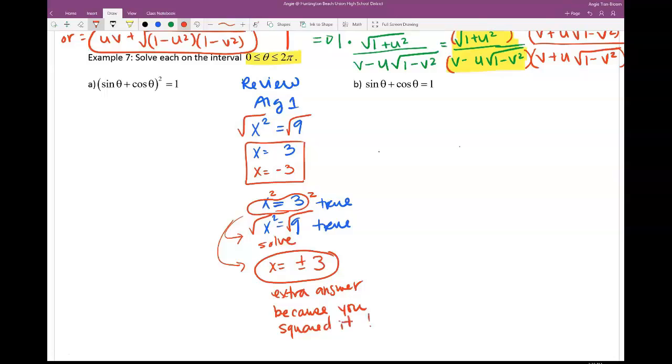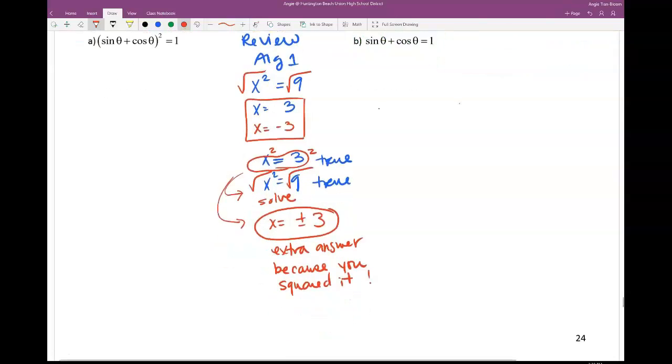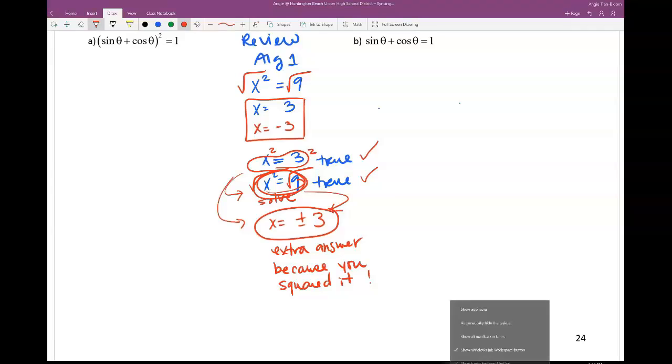Okay, so I want you to look at this. This is a true statement. But when I solve for this, I ended up with 2 answers, but my original statement only had 1. So in algebra, we are manipulating equations so we can solve. Like we borrow things, we manipulate things, we substitute with an identity so we can solve.